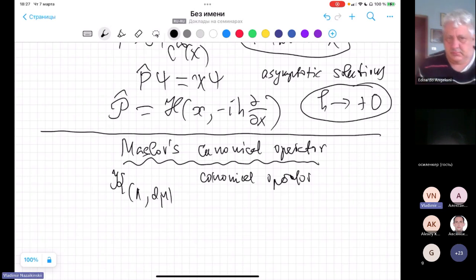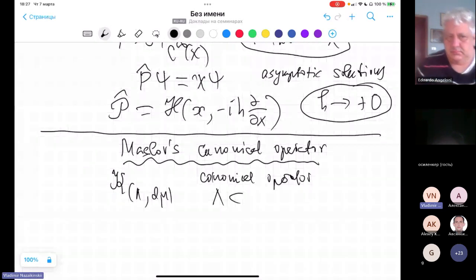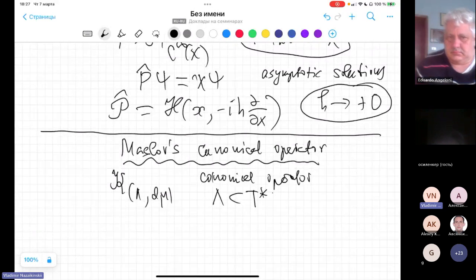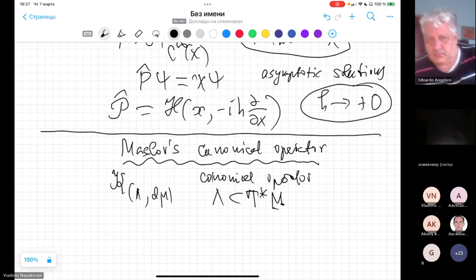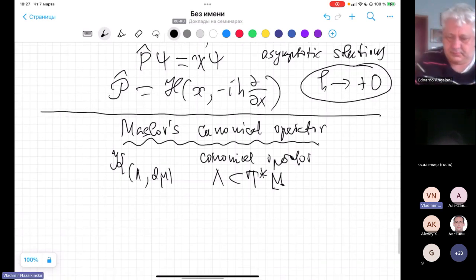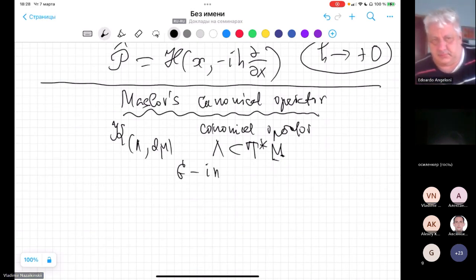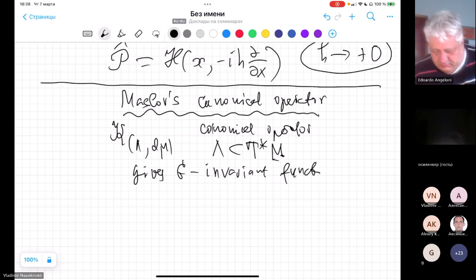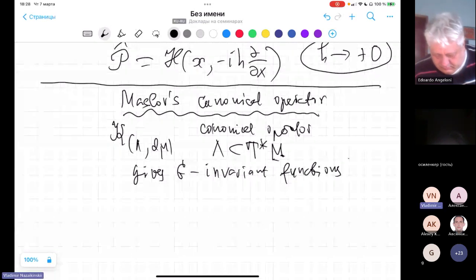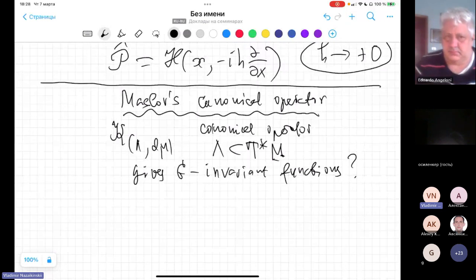on a Lagrangian manifold lambda in T star M. And we are interested in conditions under which this operator gives G invariant functions. So what are these conditions? This is the crucial question.